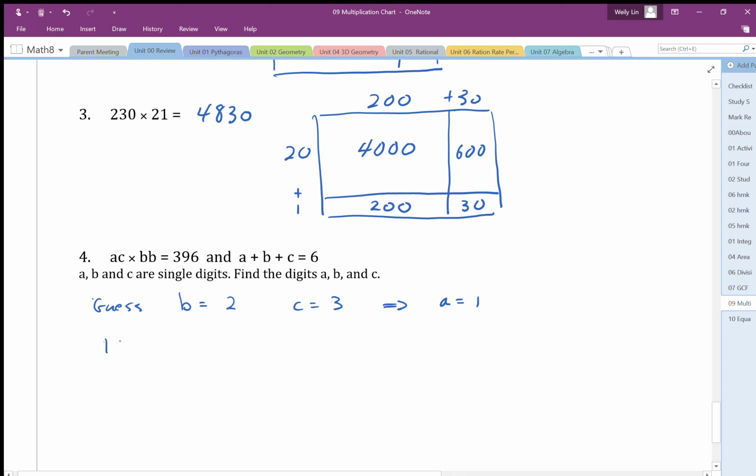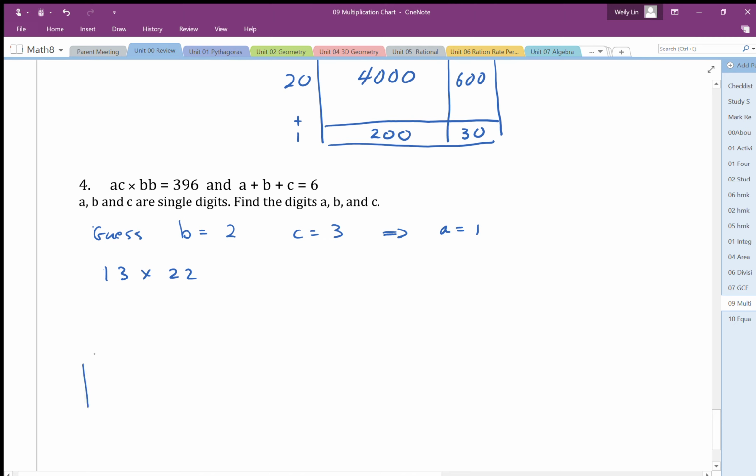13 times 22. When we multiply that together, I'm going to need my grid multiplication here. 20 plus 2 times 13 is 260 and 26. So that's going to be 286. Not big enough.